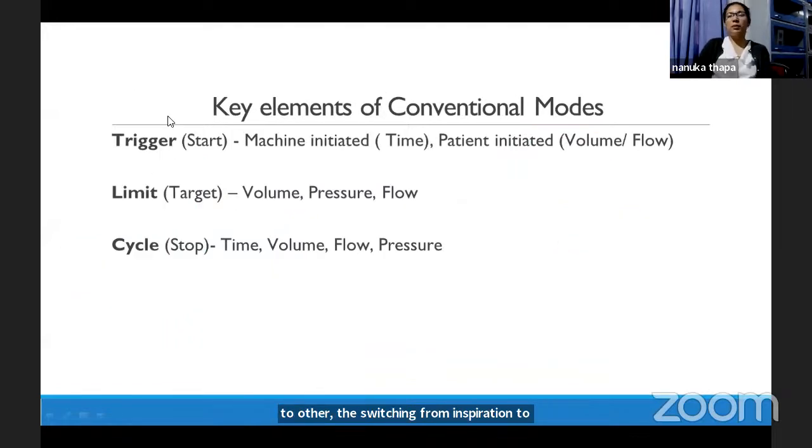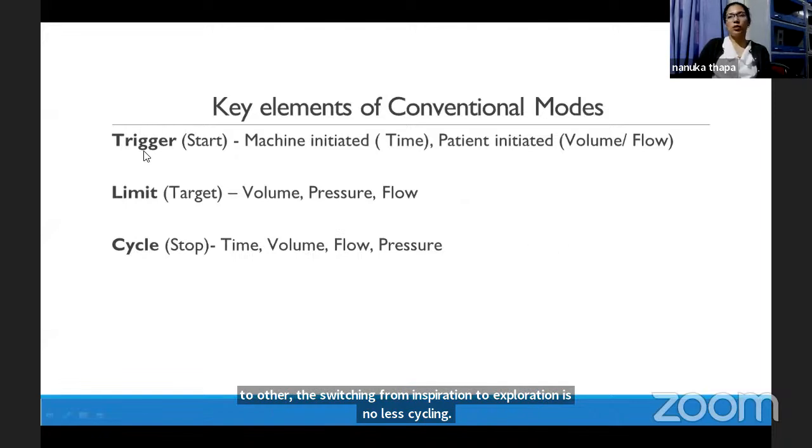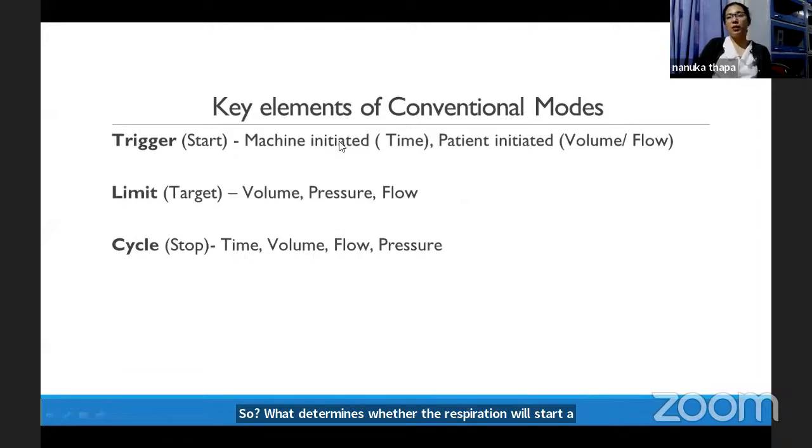So what determines whether the respiration will start or not is known as trigger. That can either be machine initiated, that is, time will determine when the breathing starts and when the breathing is over, or it can be patient initiated. Any increase in flow or any decrease in flow can lead to trigger or the starting of a breath.